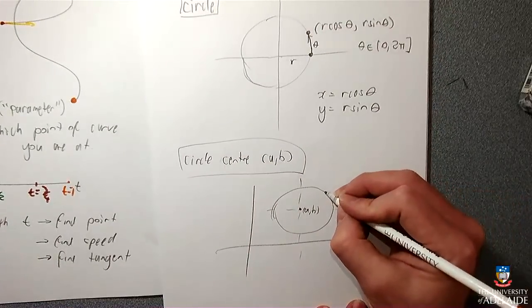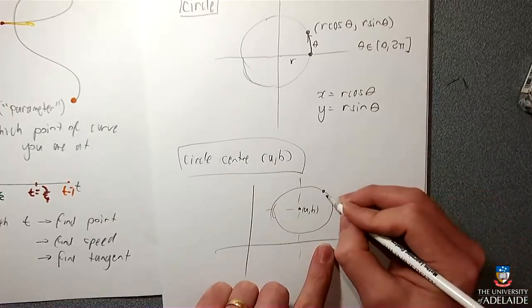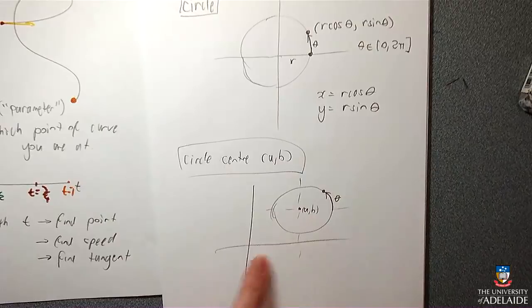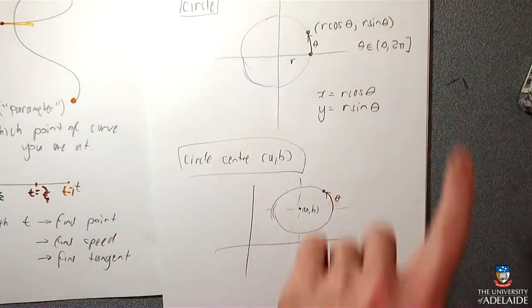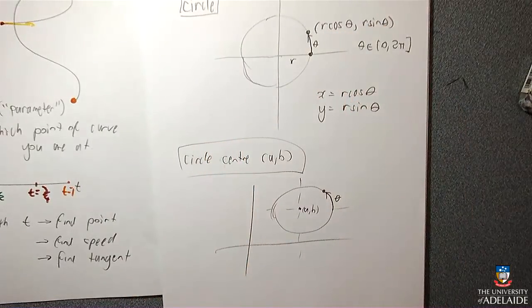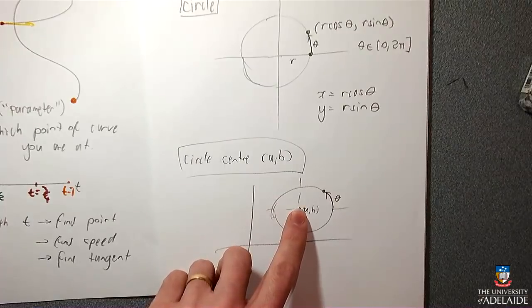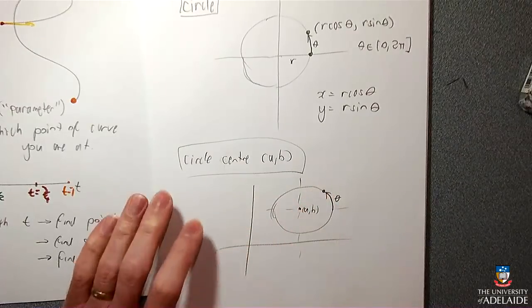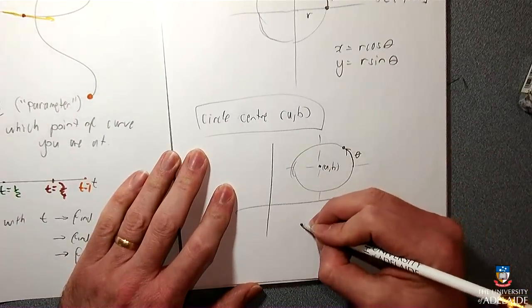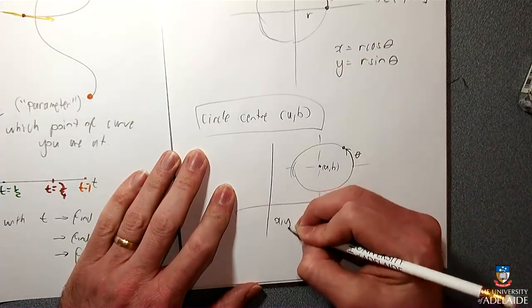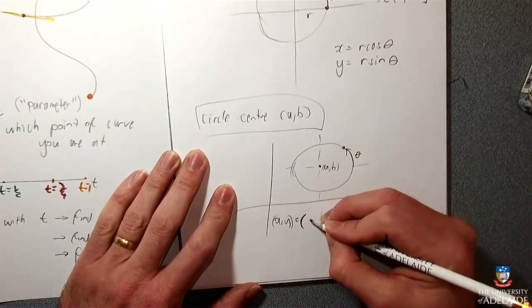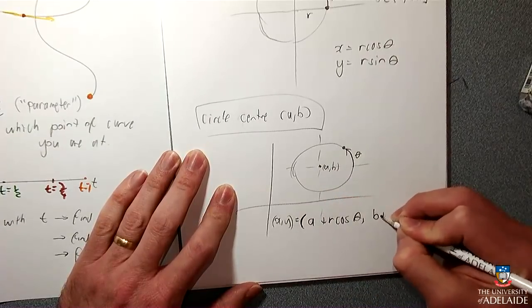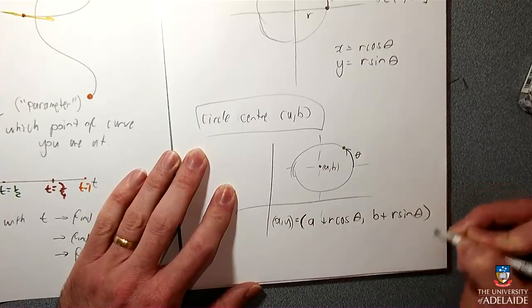So here's the thing. I know that if this was centred at the origin, it would be r cos theta, r sin theta. And I'm just starting at A, B and then going the vector r cos theta, r sin theta. And so you're actually going to get the points on the curve, x, y, equals A plus r cos theta and B plus r sin theta.